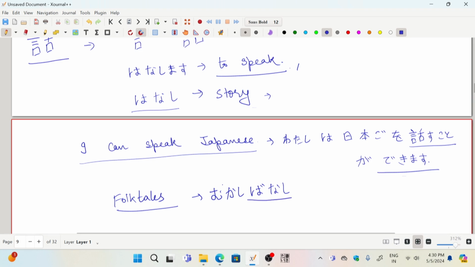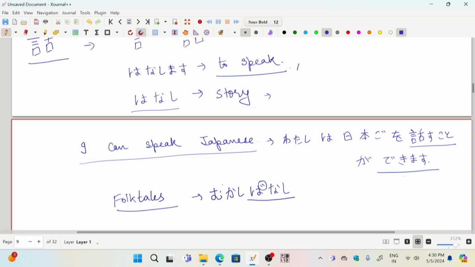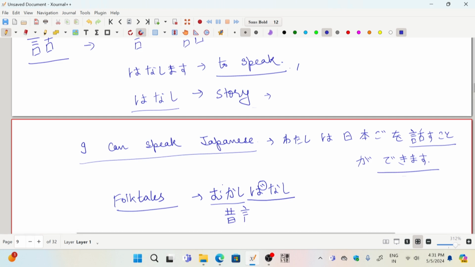Here hanashi has changed into banashi. We have put a ten-ten because it has combined with the word mukashi. Basically mukashi is this and hanashi will be this. It will be mukashi banashi.